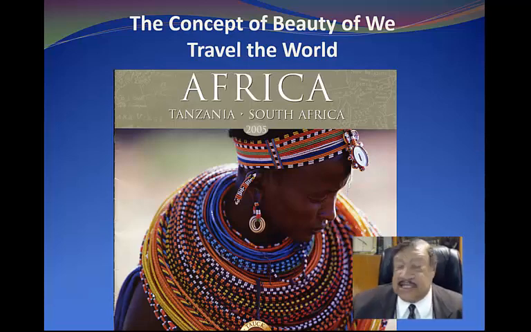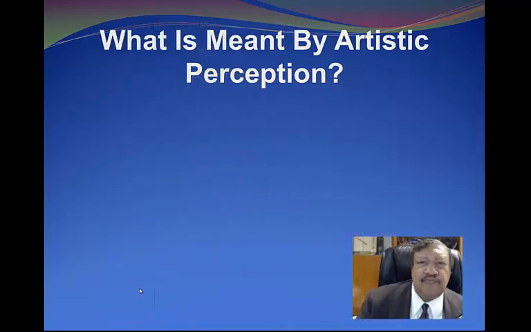In Tanzania and in South Africa, women stretch their earlobes to make larger ears for earrings, which can be very painful. And then they make and weave their necklaces. Look at this fantastic necklace up against that rich brown skin.